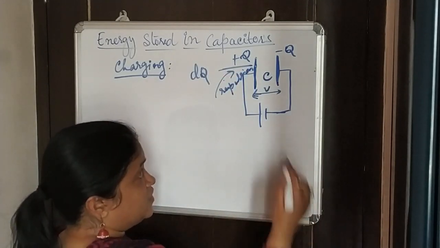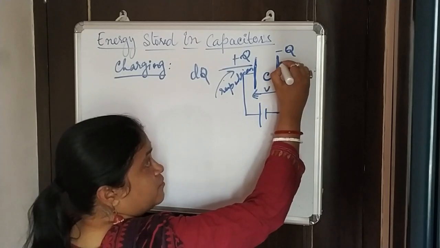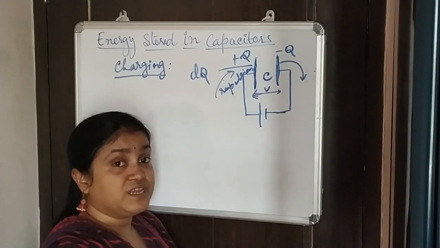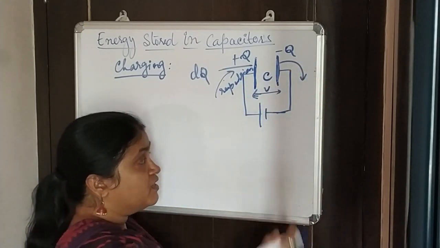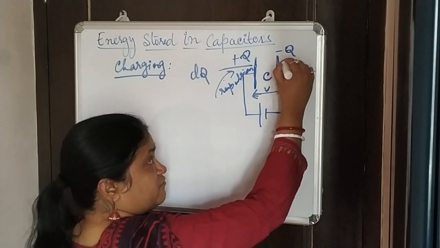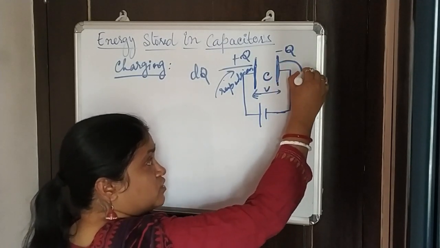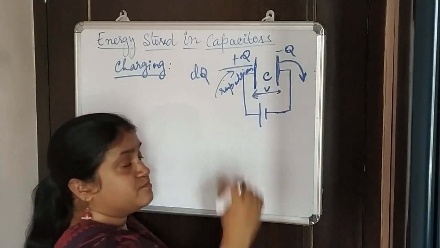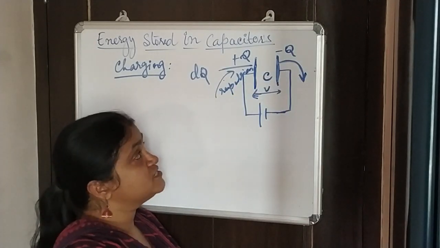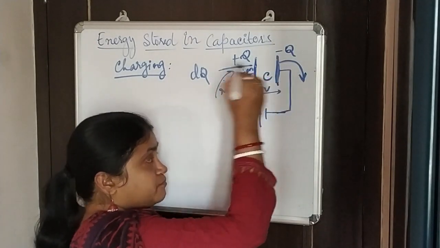In the same way, from the negative plate, positive charges have to be taken away, and the battery has to do work to pull this positive charge out of the negatively charged plate.